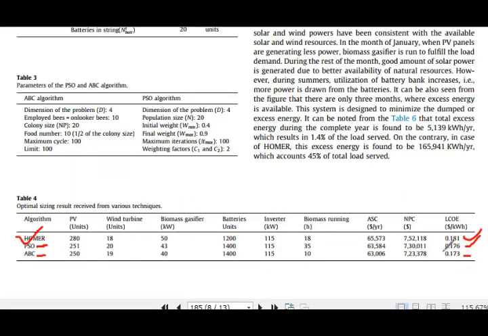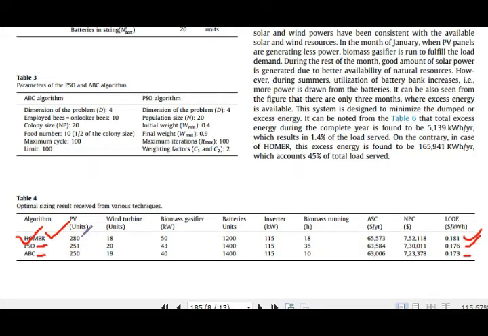So in this specific case, the ABC is the most favorable and has very good efficiency. The designs of the PSO and the ABC are almost near each other, and their levelized costs of energy are very close, while the cost using HOMER is a little bit high.